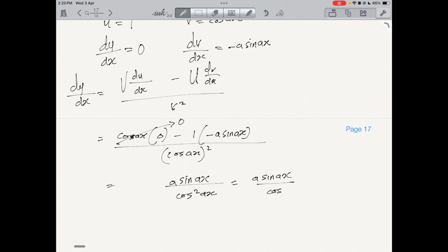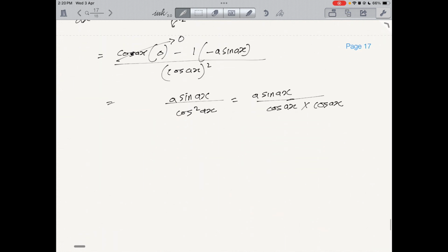A sin ax divided by cos ax multiplied by cos ax. And this implies a multiplied by sin ax divided by cos ax, multiplied by 1 over cos ax.